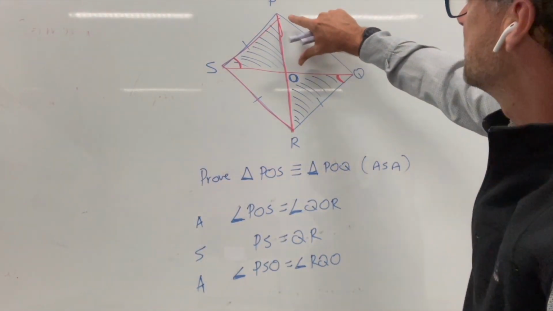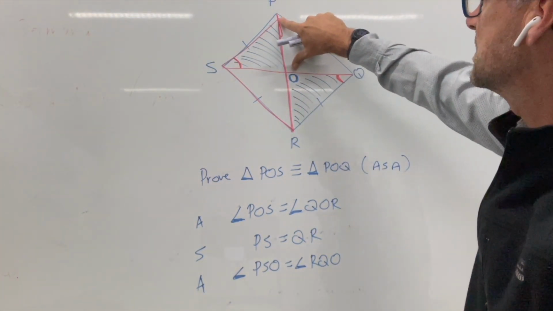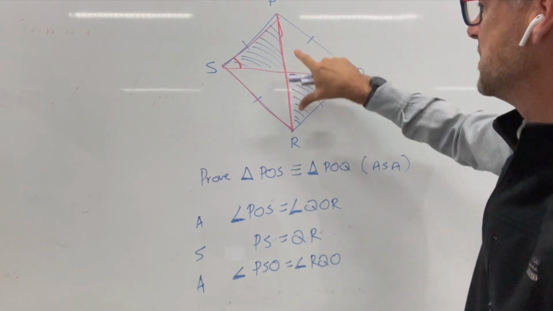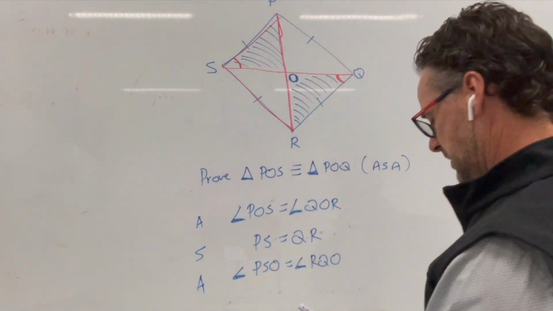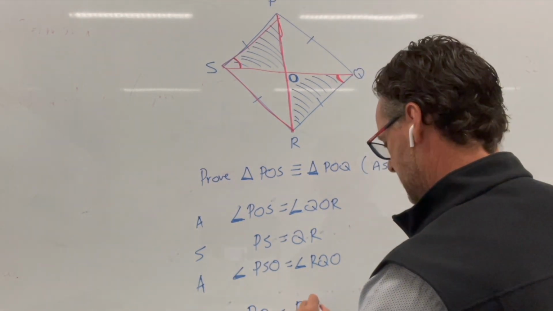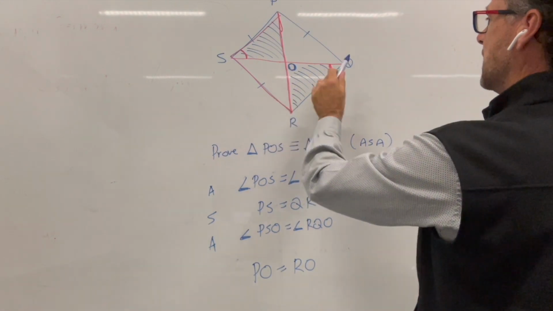So now that we know that this triangle is congruent to that one, we can now say that this line here, PO, is equal to this line here, RO. So PO is equal to RO, and therefore SO is equal to QO.